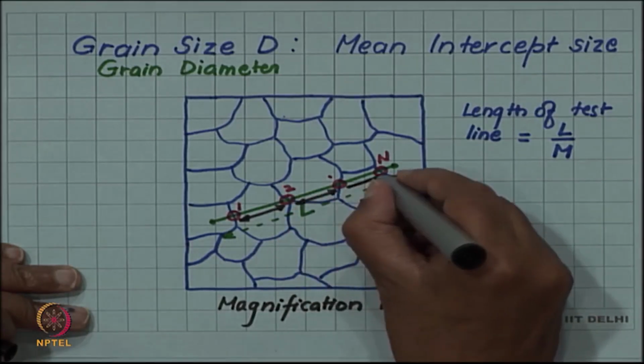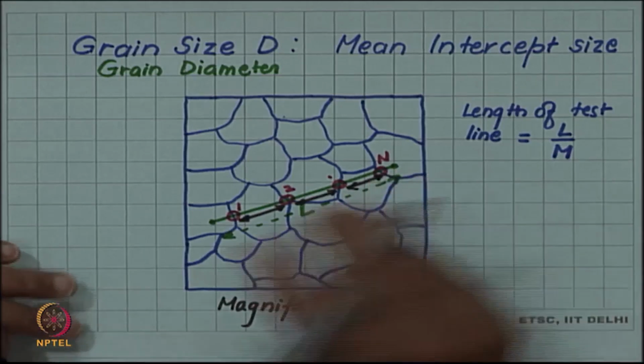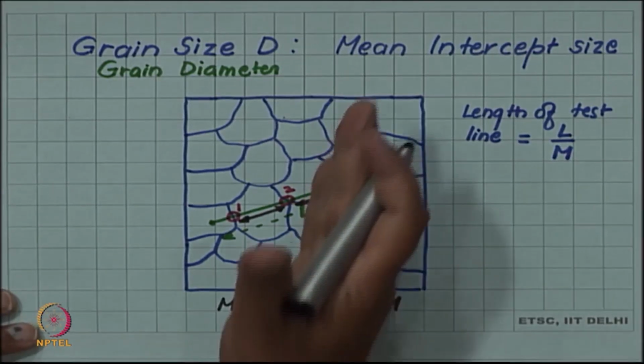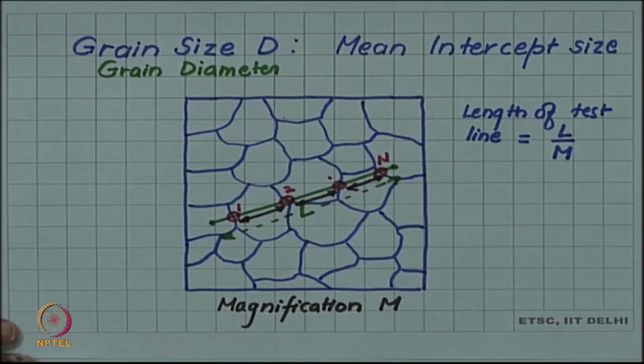These intercepts will be different for different grains, and as I choose my line in different orientations these will also vary.